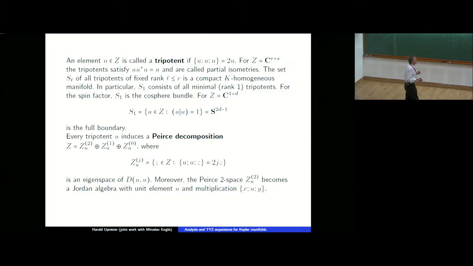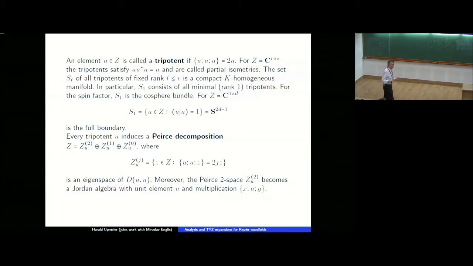Okay. Every tripotent induces a decomposition of your underlying vector space, similar as when you have a projection. A projection has two eigenvalues, 0 and 1, and it decomposes the space into two pieces.